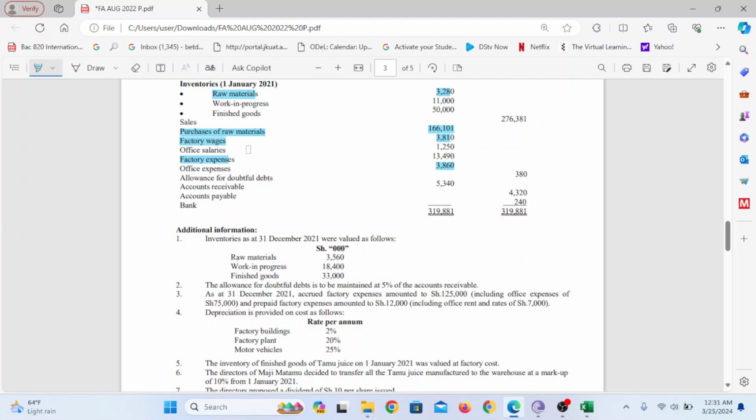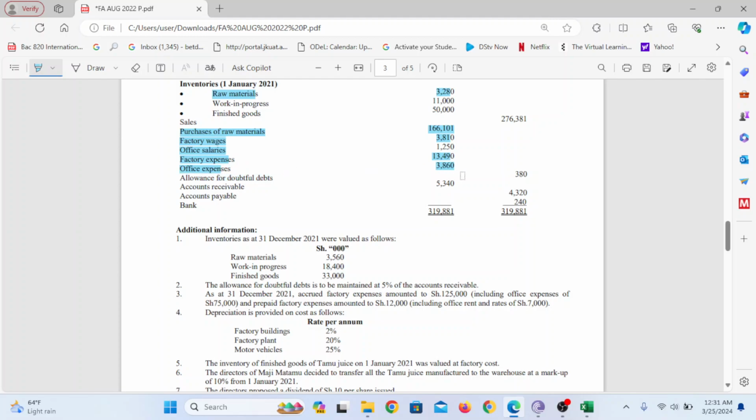So when you look at the factory expenses, they pick the right value. Factory wages, then you have factory salaries, then you have factory expenses, office expenses. This is office expenses. I picked office expenses rather than factory. You have to be keen so that you pick the right one.